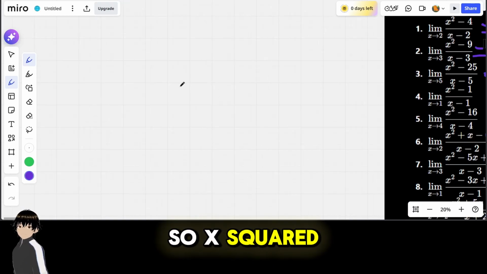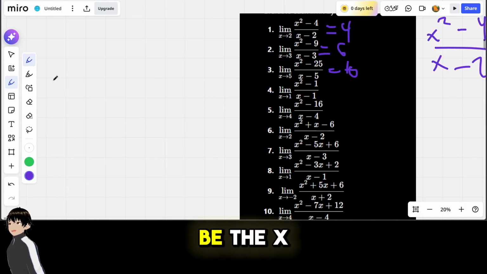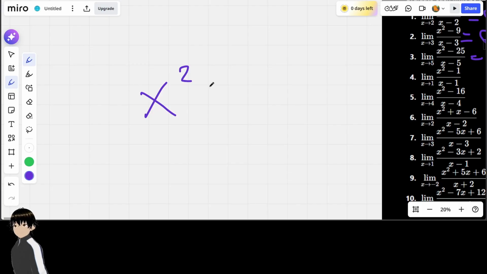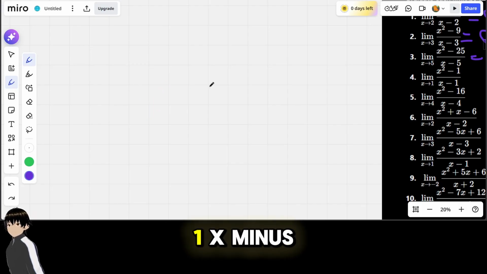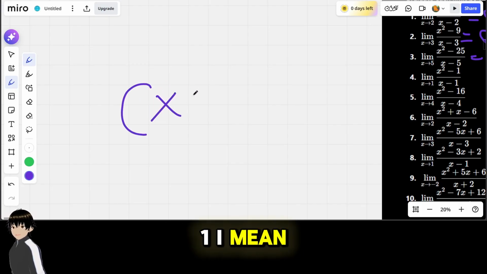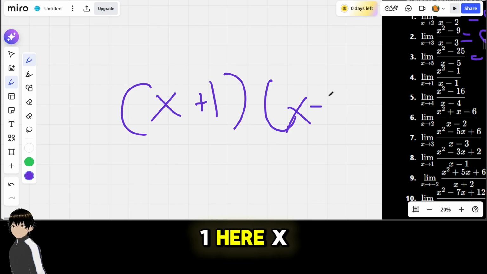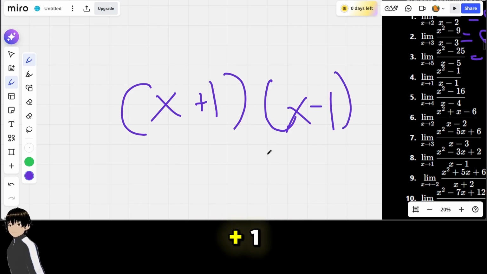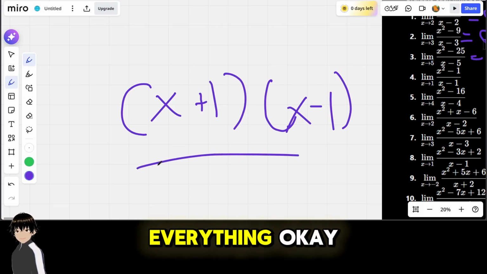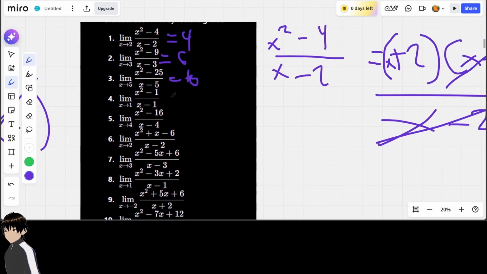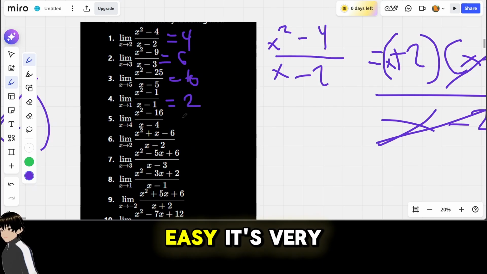So x squared minus 1, which is x plus 1 times x minus 1, then x minus 1 here. 1 plus 1 is going to be 2. Or you could just completely skip everything when you have binomials. It's very, very easy.